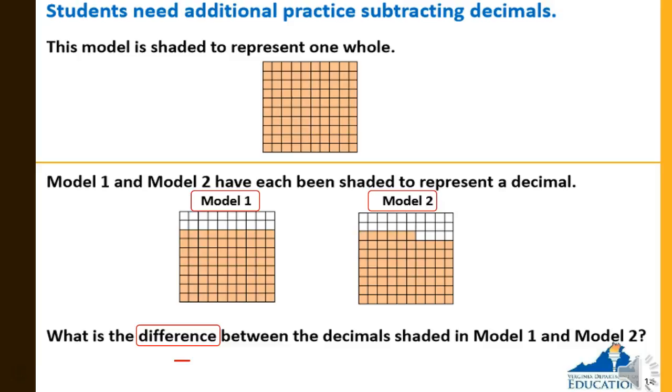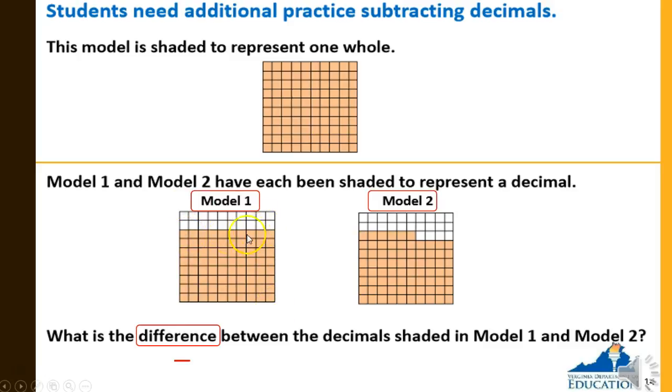We have to find the decimal value of each of these. So let's start with Model 1. What does this represent? How can we write this as a decimal? Okay, so we're going to count how many of these squares are filled in. This whole thing has 100 squares, but not all of them are shaded.